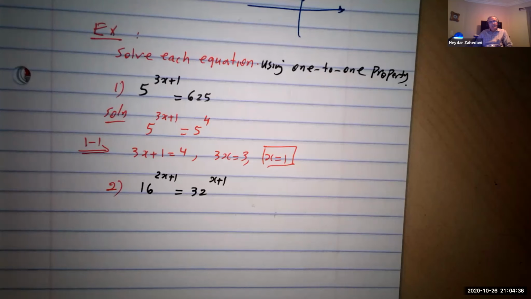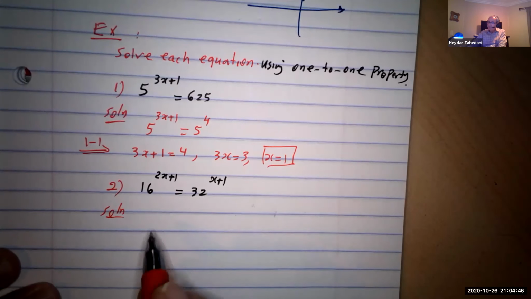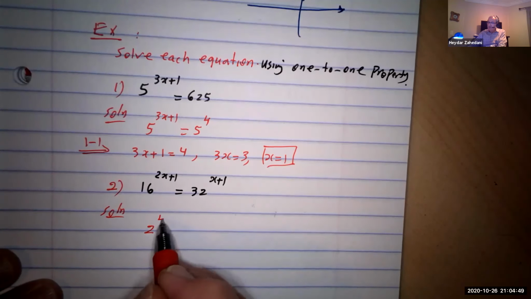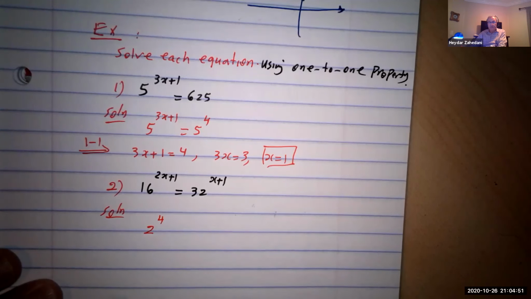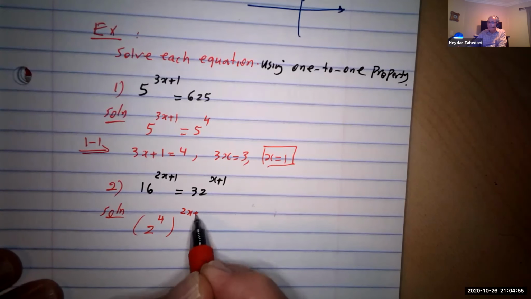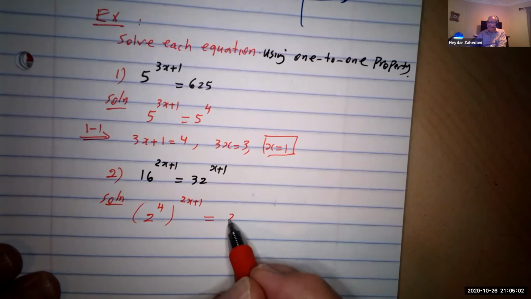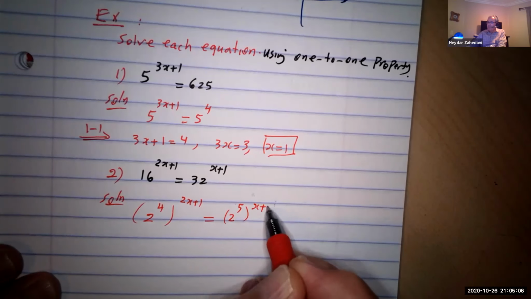It's clear 16 is 2 to the 4th, and 32 is 2 to the 5th. So it's 2 to the 4th, but you already have the power 2x plus 1, equal to 2 to the 5th, but you already have another power, x plus 1.